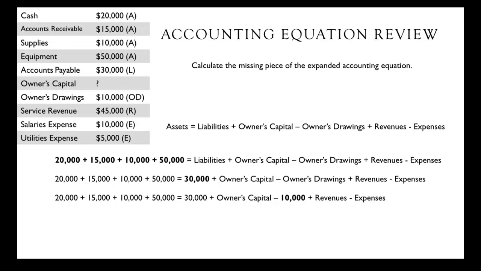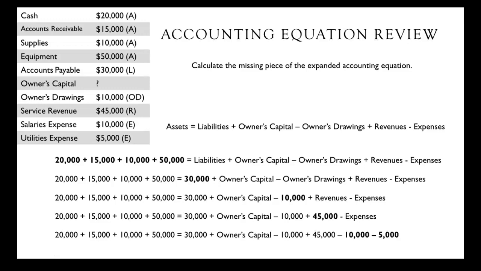Then we have our revenue. We had one revenue account. We had just service revenue of 45,000. So we'll plug that into our expanded accounting equation. And then we had our two expenses. We had our salaries expense of $10,000 and our utilities expense of $5,000. And once again, remember, just like owner's drawings, expenses are going to be subtracted in your expanded accounting equation.